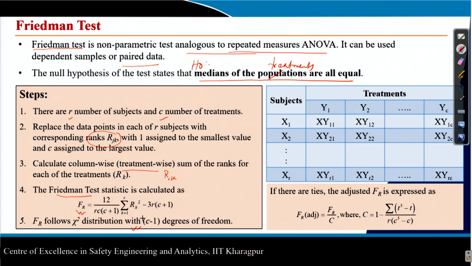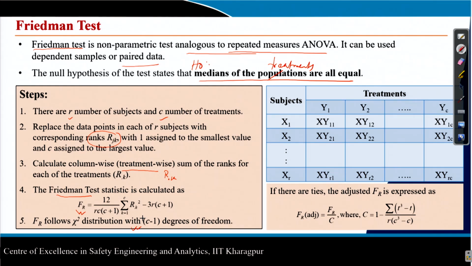Please understand, here also we are using a probability distribution, the chi-square distribution for F_R. Earlier in repeated measures I used the F distribution, but from the assumptions point of view, here there are no other probability assumptions, like whether the response variable is normal or not. Those things are not required here, but in repeated measures ANOVA such probability distributions are required.